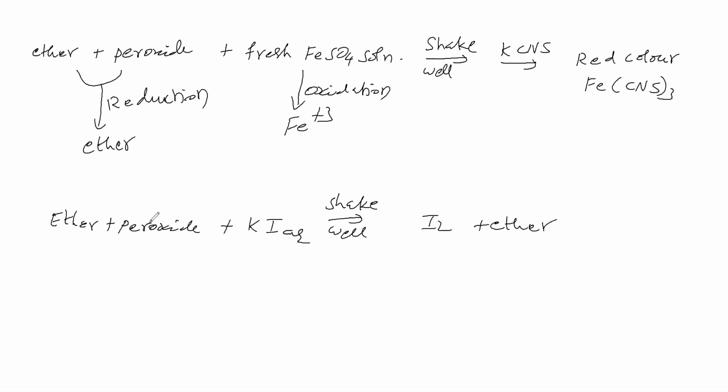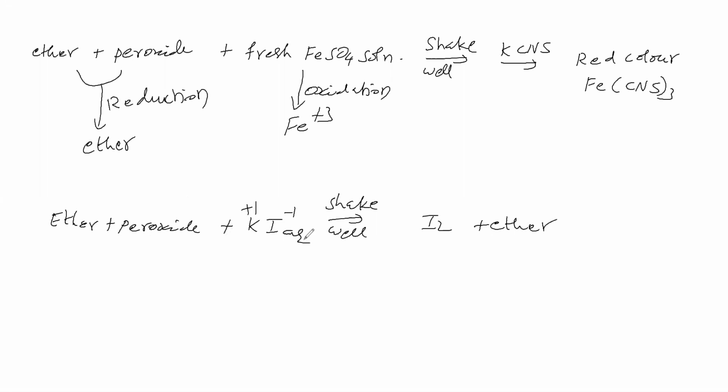That means this peroxide undergoes reduction and becomes water. This I minus is undergoing oxidation and becomes I2. This ether is separate. So, how to remove this peroxide? By shaking with potassium iodide solution.